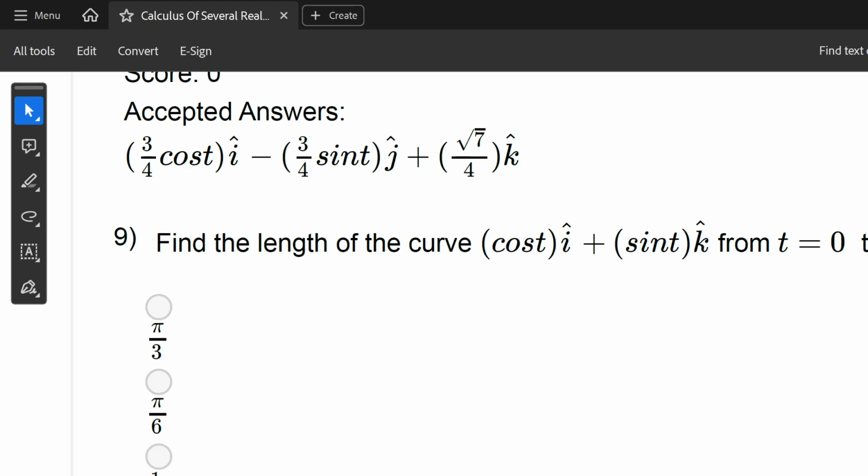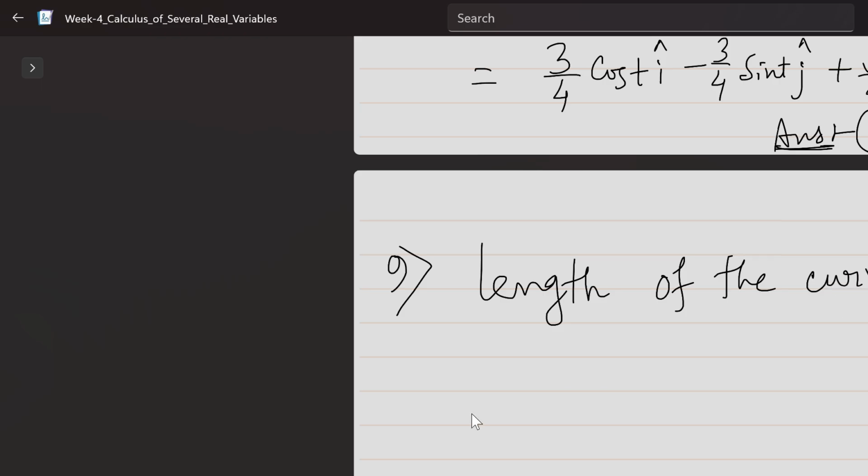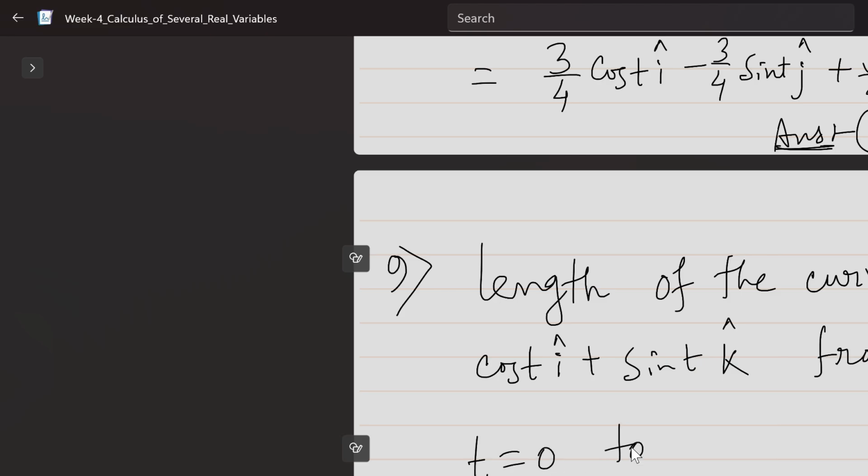Okay, so I will write. You know how to find the length of a curve. Yes, sir. Length of the curve. I will write the question first: cos t i hat plus sin t k, from t equal to 0 to pi by 2. So what is the length?